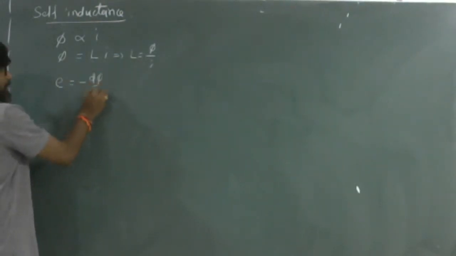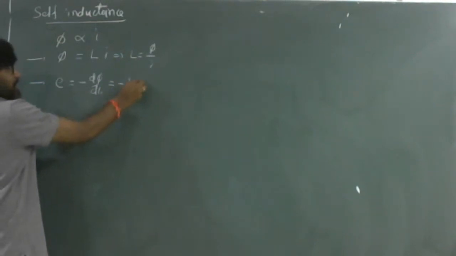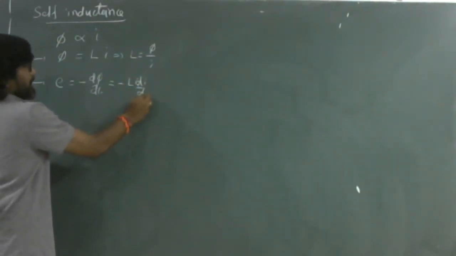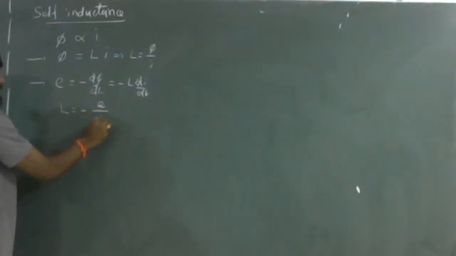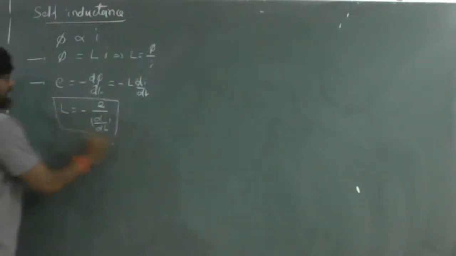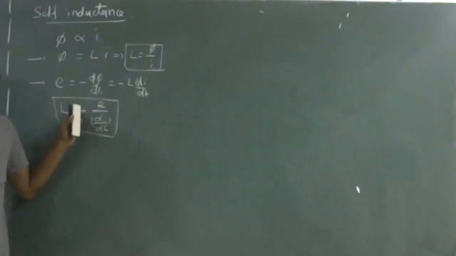As EMF induced in the coil is equal to minus d phi by dt, if we take this phi as Li, we get minus L into di by dt. Using this we can write L is equal to minus E by di by dt. So these are the points discussed briefly about self-inductance of a coil.